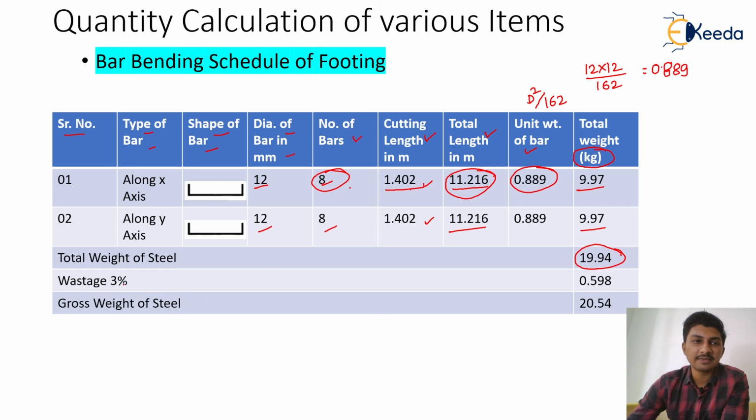Now I'm going to add the wastage of 3% to 5%, as I have told you, when a 12-meter bar comes on site, there is always some wastage of that bar. We take precautions, but in certain situations we go on wasting them. So that wastage I'm going to add, and the total steel that I'm going to need for this footing is 20.54 kg.